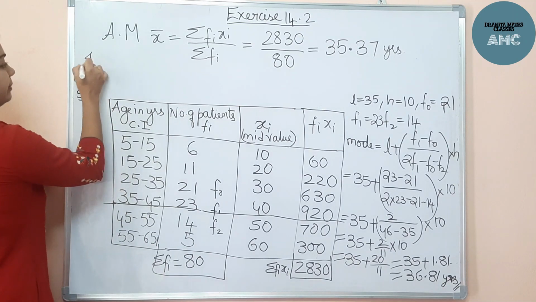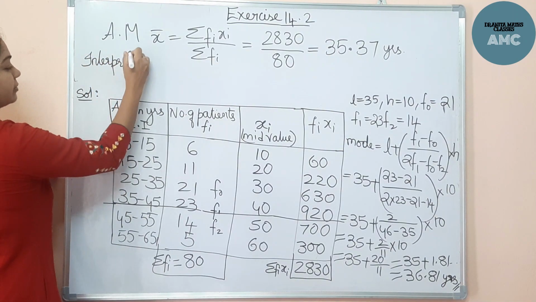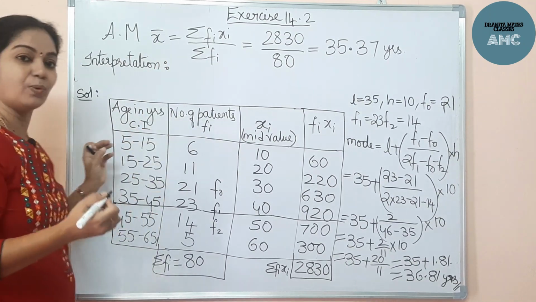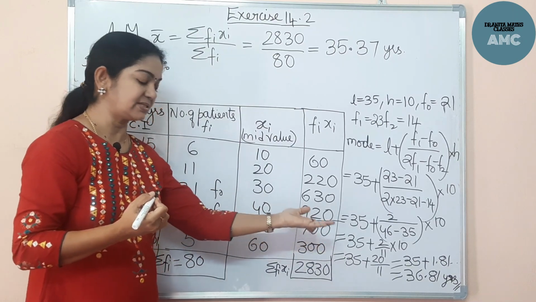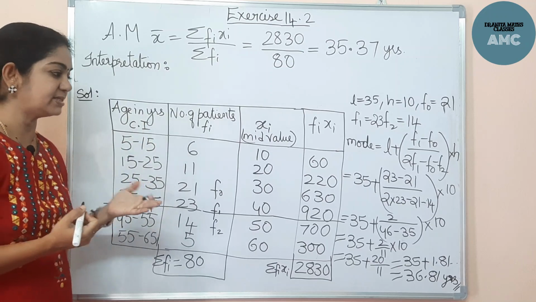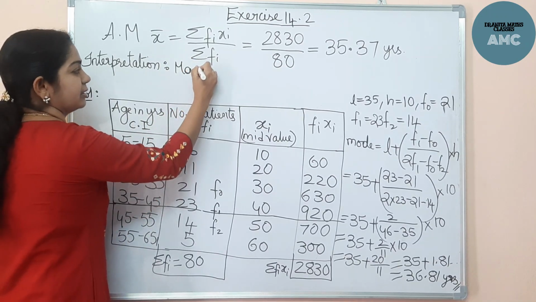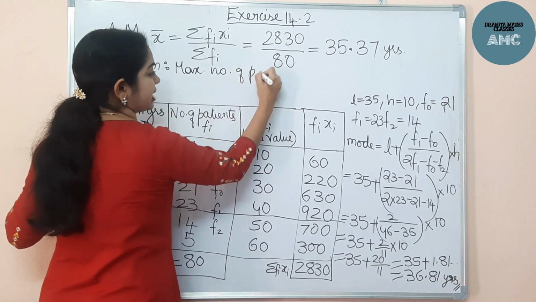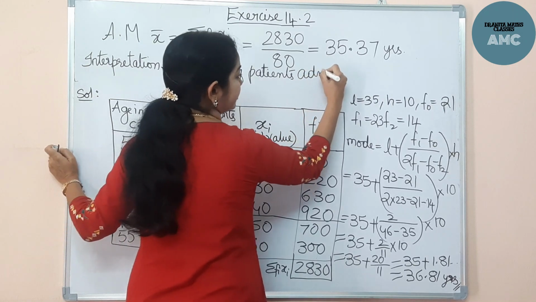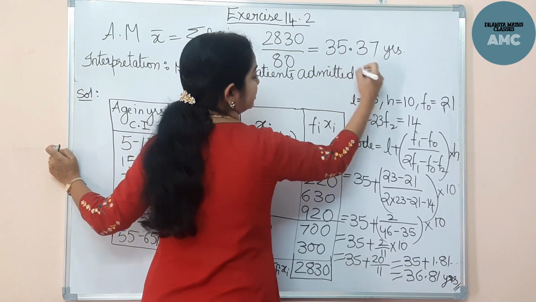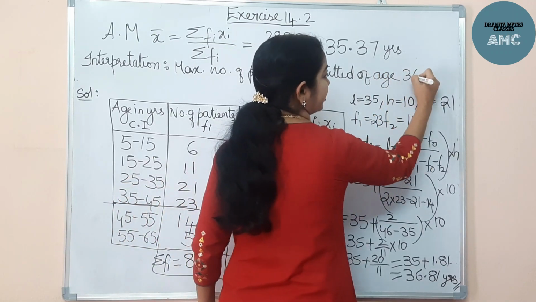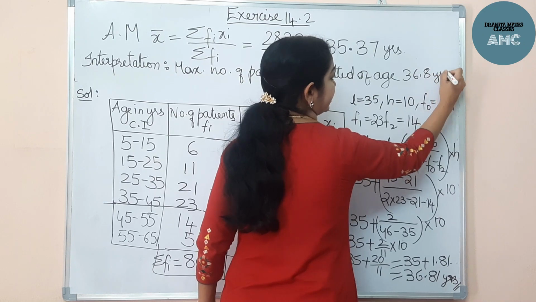Now here the interpretation is that, comparing both the values, we got the mode value, that is 36.8, that is a bit more than the mean value. That means the maximum number of patients admitted to the hospital are of age 36.8 years, right?